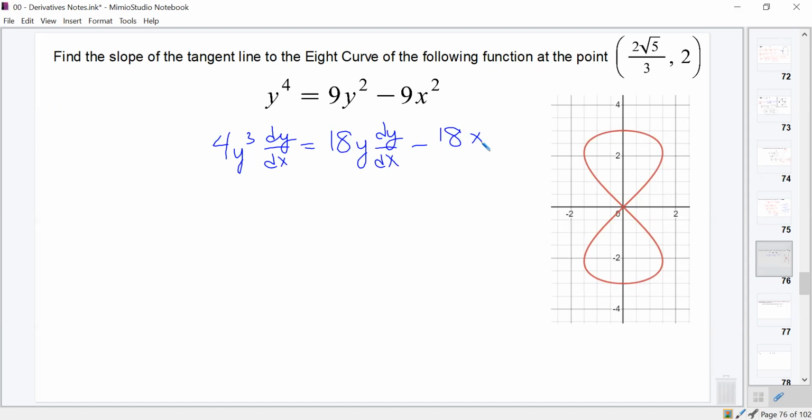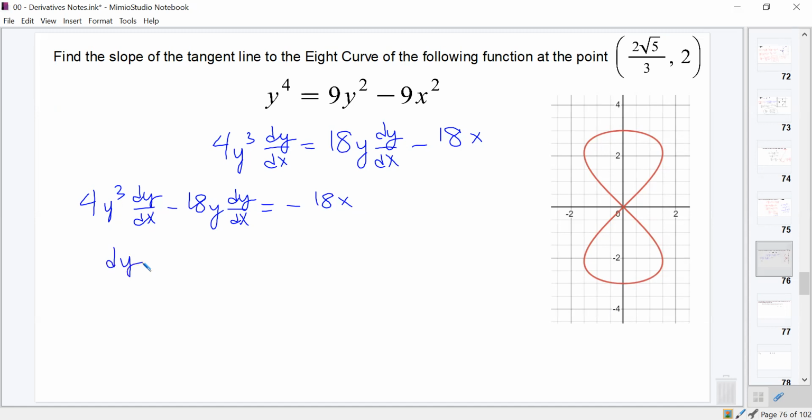And so, again, we've got the dy dx terms attached to all the y's once we've taken their derivatives. And then we'll bring this 18y over to the left-hand side. And that'll give us 4y cubed dy dx minus 18y dy dx equals -18x.